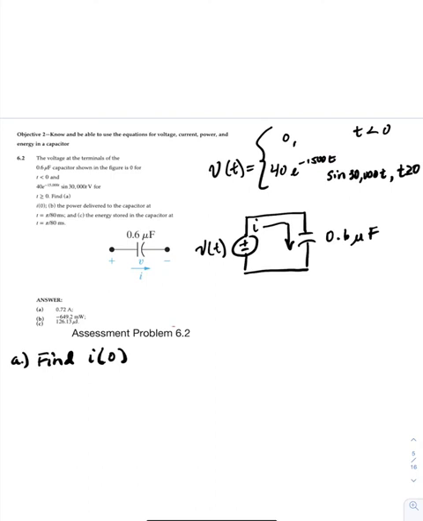Okay, we know with capacitors, i equals C dv over dt.